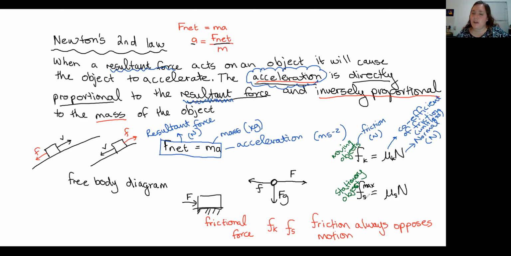And that is because when objects are stationary, the frictional force will only be equal to the applied force. So for a particular surface, if I establish that the maximum frictional force, so let's just say we've determined that Fs max is 5 newtons. If I apply 1 Newton, or I pull with 1 Newton this way, then the friction, which goes in the opposite direction, will also only be 1 Newton.